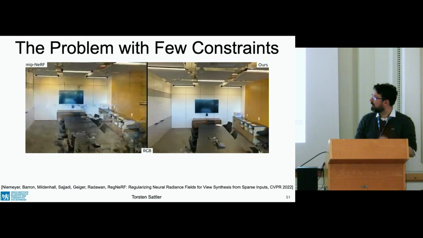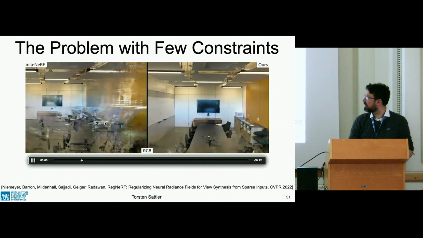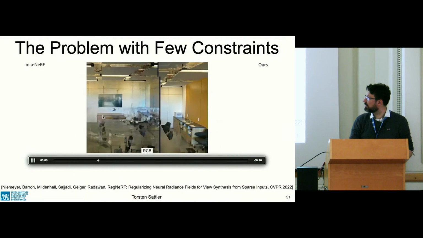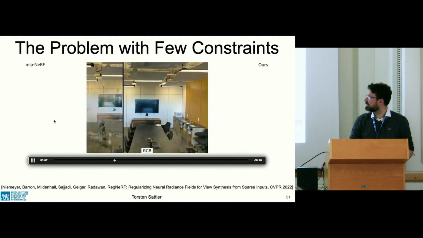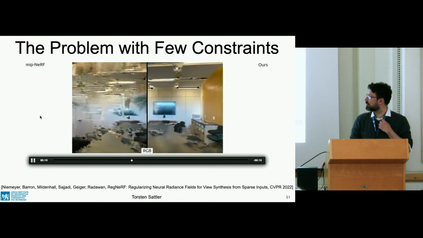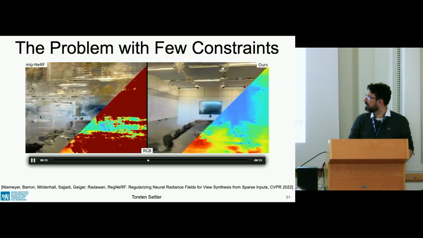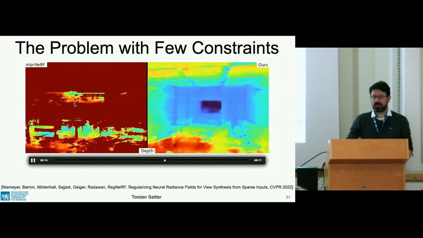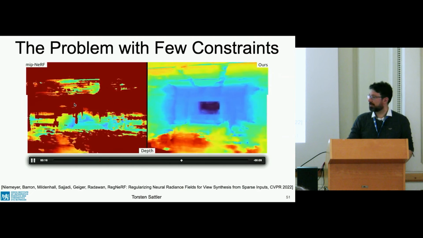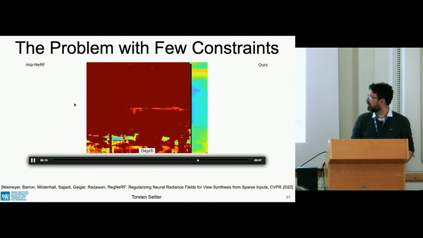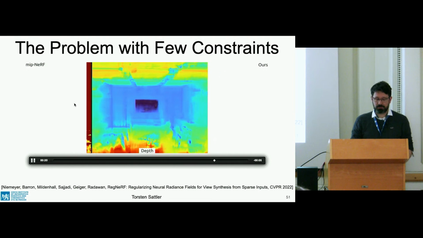Here's an example where the neural network is trained from 3 views, and you can see that it's able to perfectly explain the individual views, but the interpolated results don't make any sense.